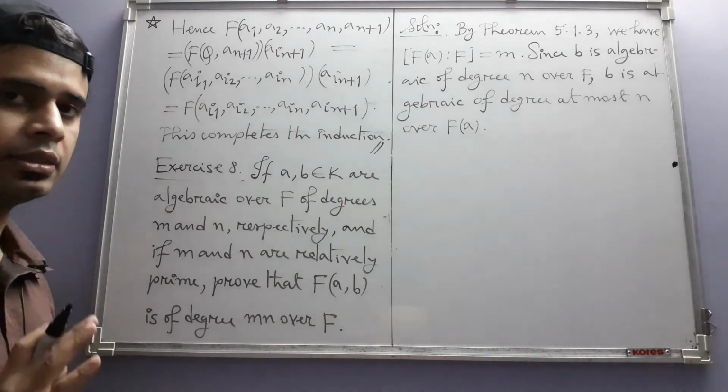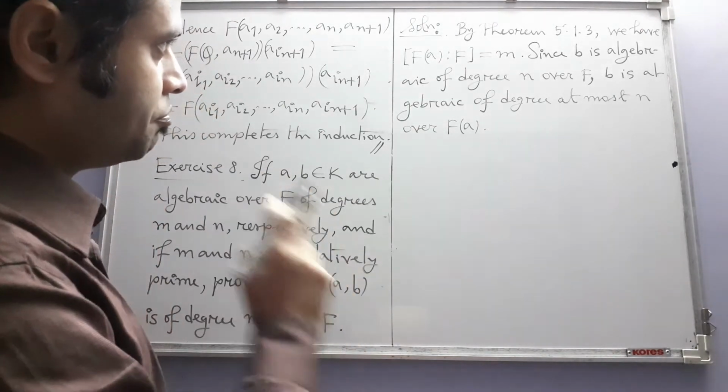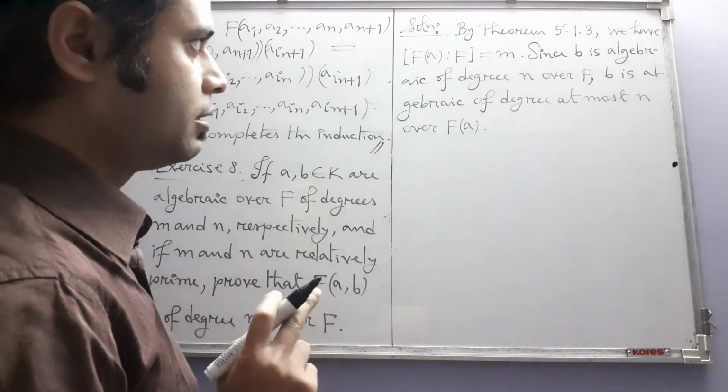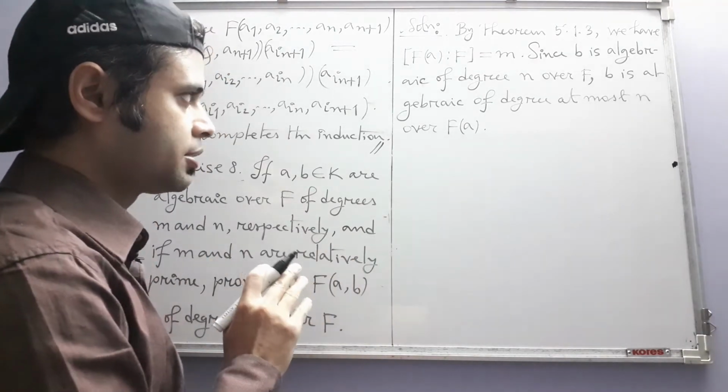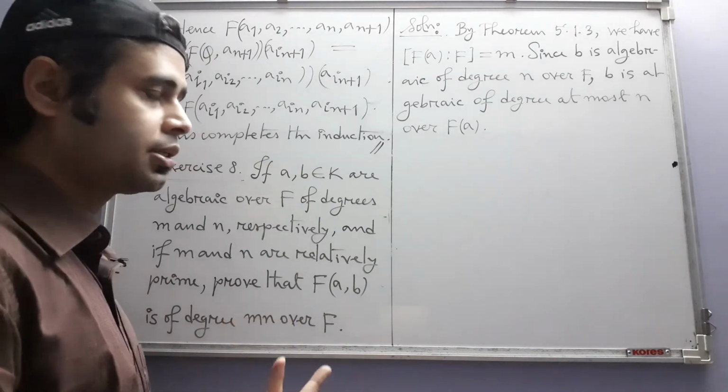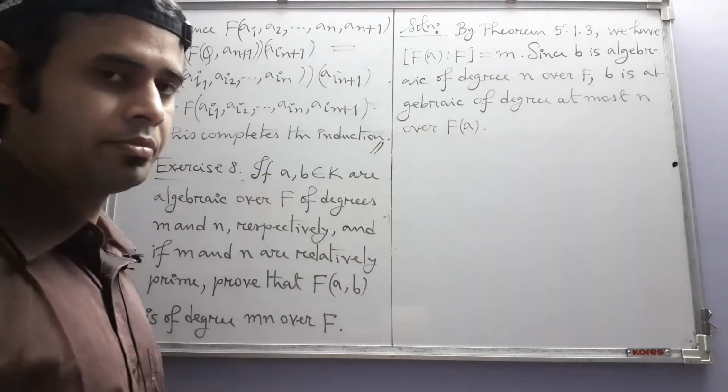What have we written in this sentence? Since b is algebraic of degree n over F, that is given, we are saying that b must be algebraic of degree at most n over F(a).